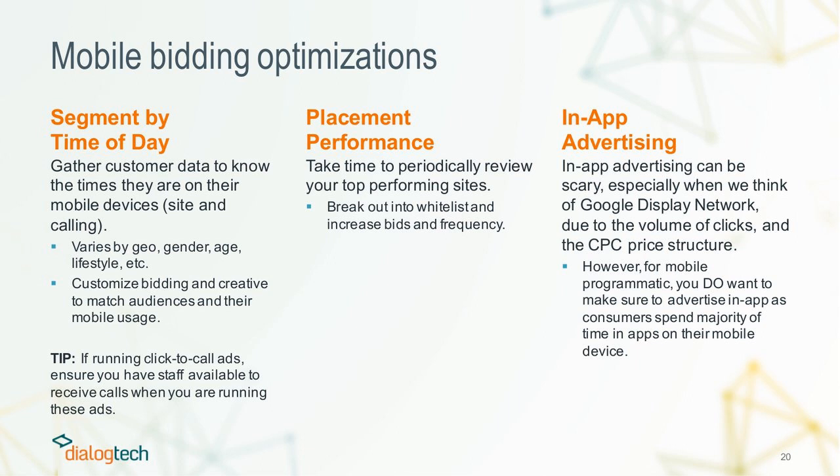Remember, this is going to vary by geo, by gender, by age, by their lifestyle. If they're in the workforce or if they're stay-at-home consumers, it's really going to depend when your customers are on their mobile device and in that mindset. So make sure you use your data so that you can bid up and down by audience, and also customize your creative along with your bidding.